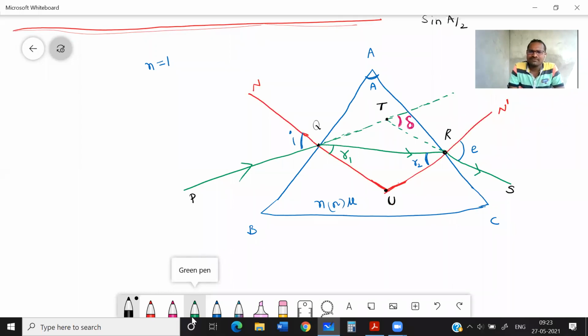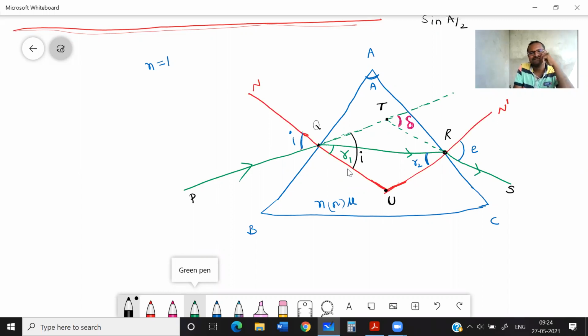Observe carefully. See this red color line and green color line. This is angle of incidence I, correct? Now this angle and this angle, both are equal, so this is also I, because they are opposite angles.